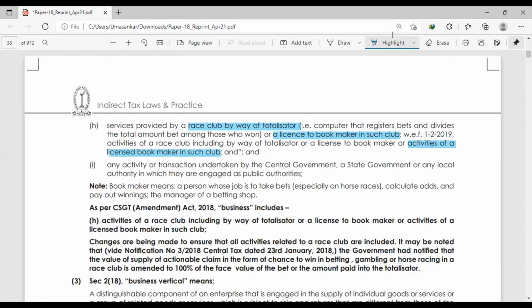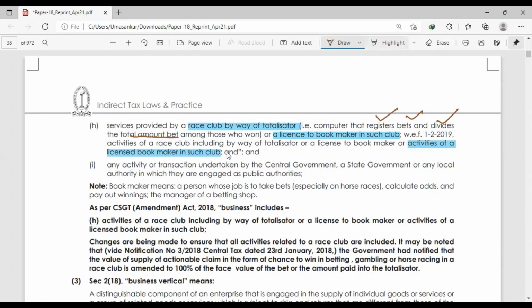Here, totalizer means who counts, registers the bets and divides the total amount of bets. In race clubs, there is always betting. So whoever totalizes or has the license to do these things, this is also considered in the business activity. For example, there is a monitor or device showing the numbers and the number of bets staked on a race to facilitate the division of the total among those backing the winner.